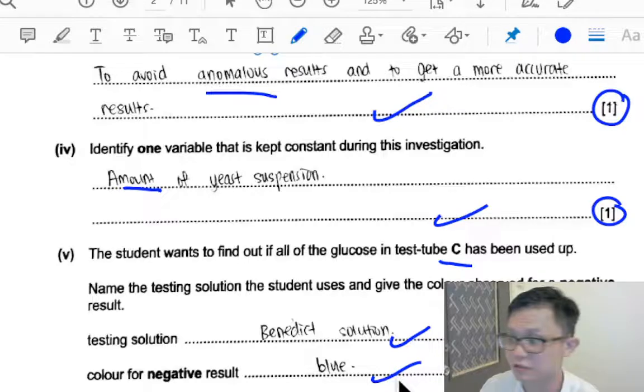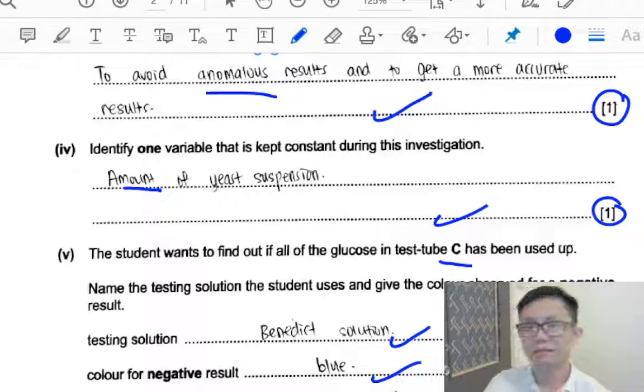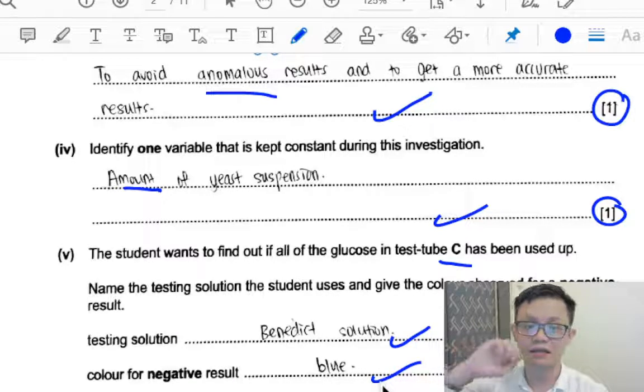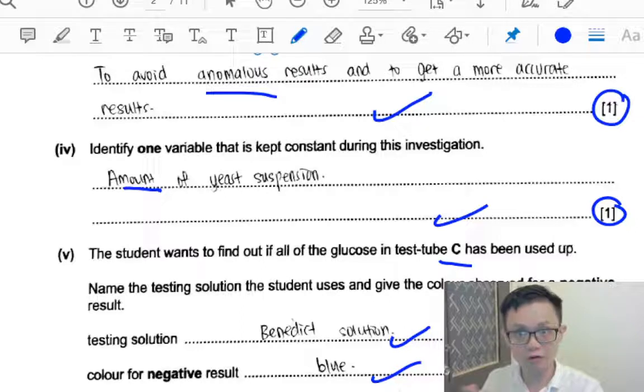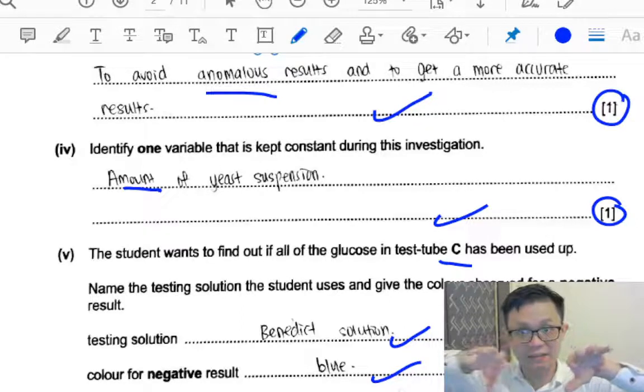But orange is also correct. Orange-red means not that much sugar. If there is more sugar, it will be more red. So it will become orange if there is a little bit of sugar.